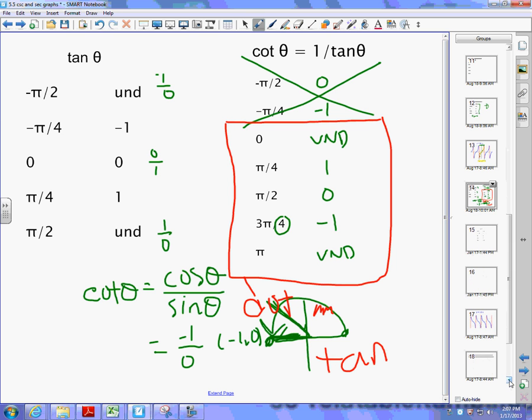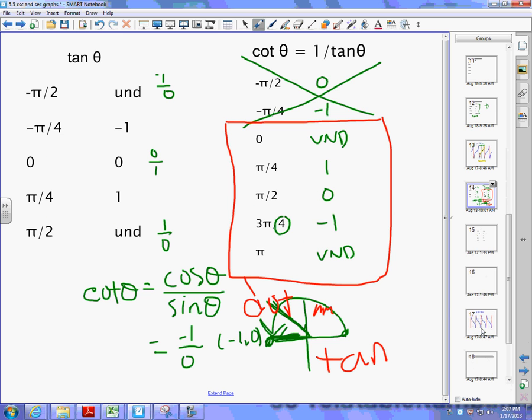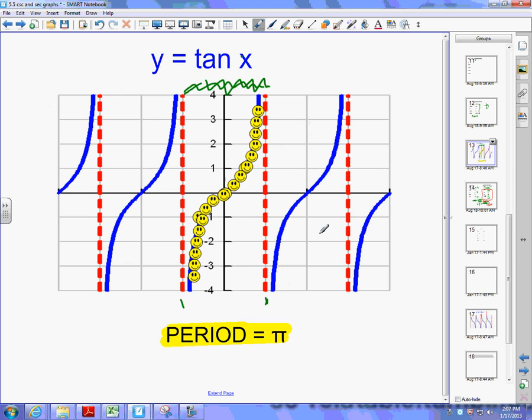So what's a cotangent look like? It's just this. So we said we're starting at 0, we're going to pi. So starting at 0 here, ending at pi over here. That's a pi. And instead of it increasing like a tangent, it's decreasing.